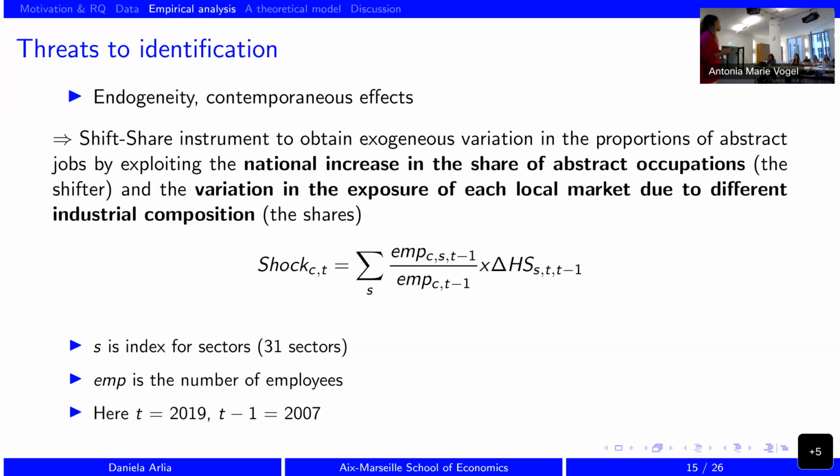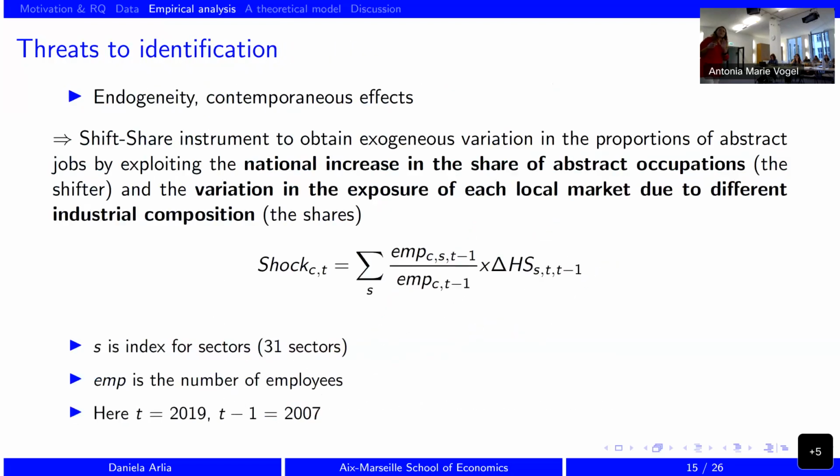Then I also do the test for 10 years before, 15 years before, and 27 years before. I have 31 sectors. I use this categorization of sectors because otherwise I would have very few observations if I used a more granular sector categorization.